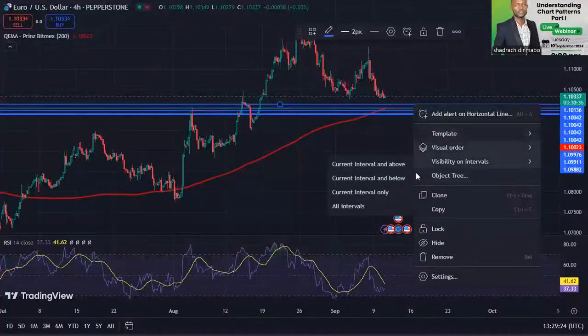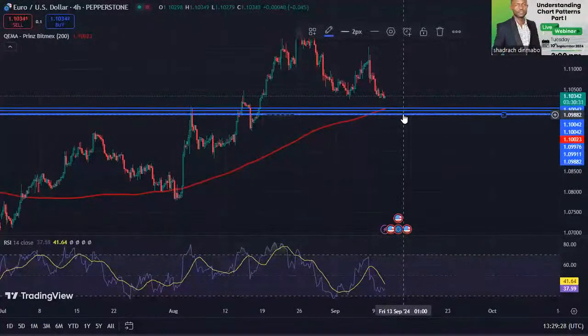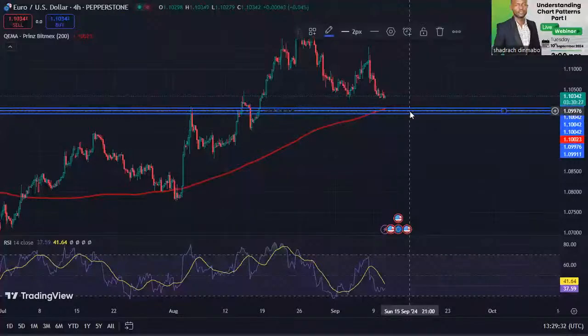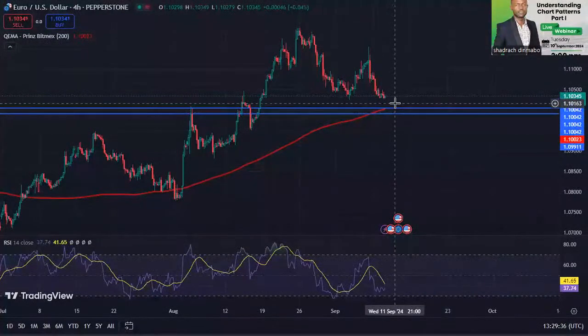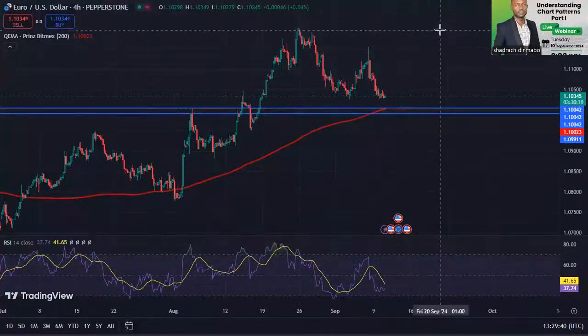Sorry, I just want to take off these lines so that we can see a clearer shot.